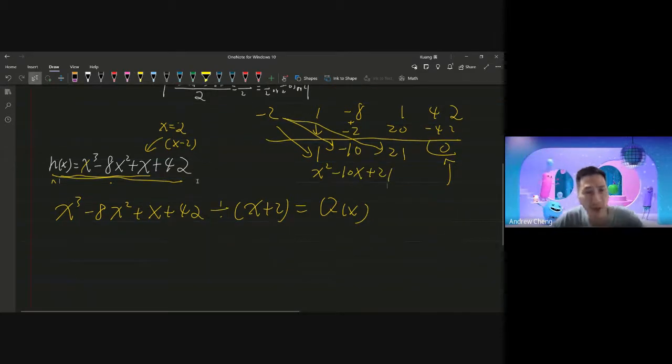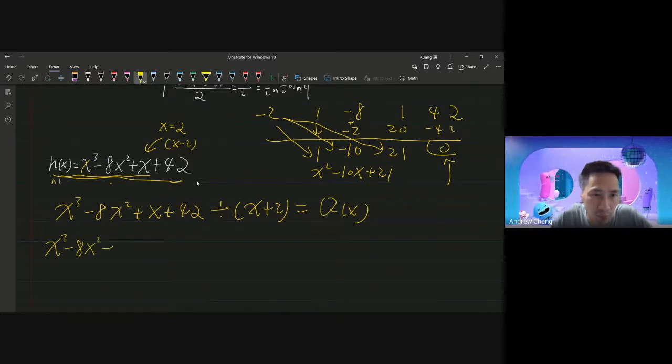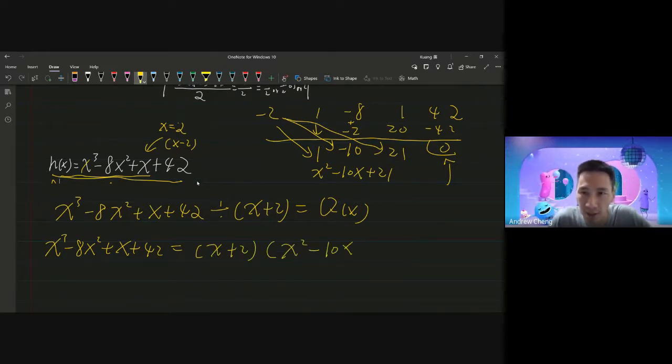So this function I can rewrite into x plus 2 times x squared minus 10x plus 21. Okay, so I know one of the zeros: x could be negative 2, because when x equals negative 2, this expression equals 0, right?